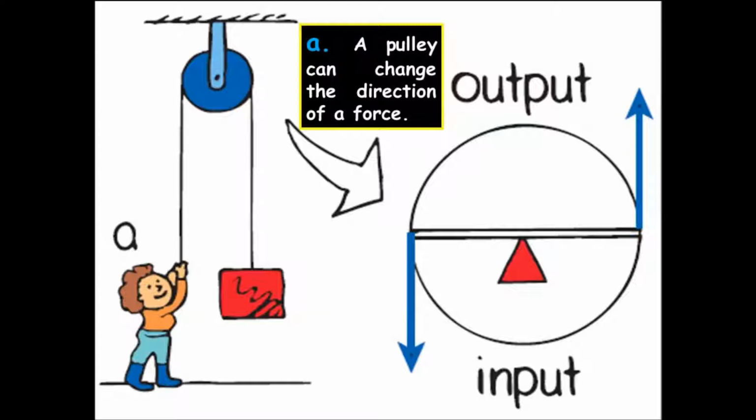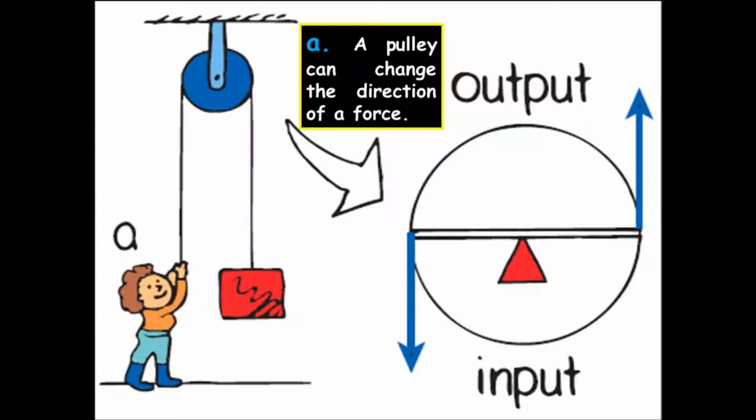So a pulley can change the direction of a force. So here it's all the same. Input and output force are the same, but the pulley will change the direction of the force. The student pulls down on the string, and the weight goes up.